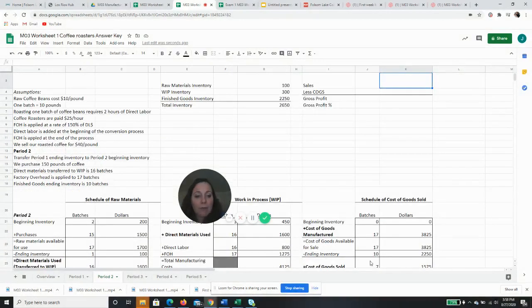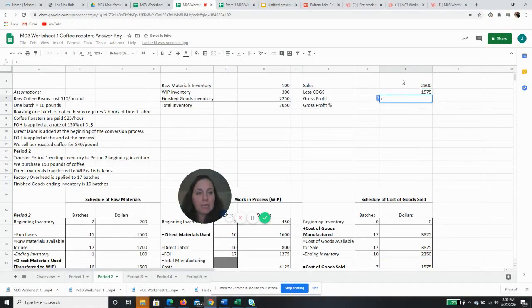My sales, so I'm going to look down here. I sold 7 batches. Okay, so my sales are 7 batches times 10 pounds per batch times my sales price of $40 per pound. So my sales were $2,800. And then my cost of goods sold was $1,575.